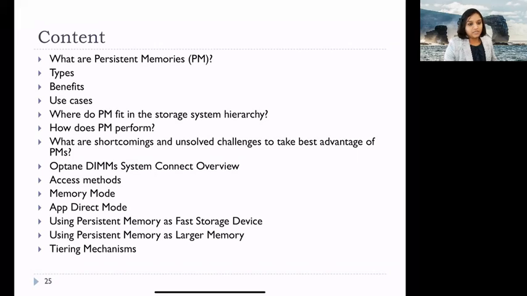We would also see that using persistent memory, how to use them as a fast storage device or how to use them as a larger form of memory. We would see some of the cutting edge research on tiering mechanisms designed using these persistent memories.